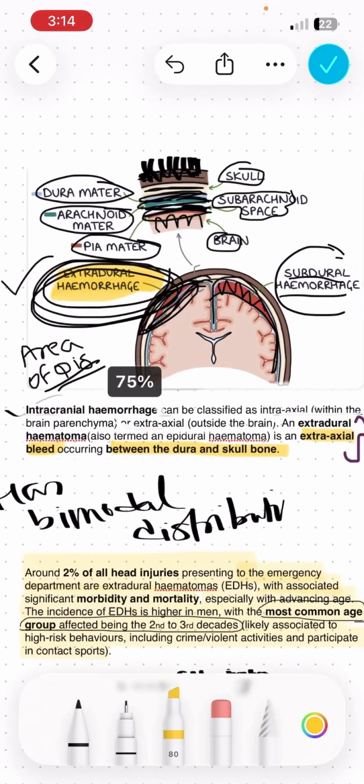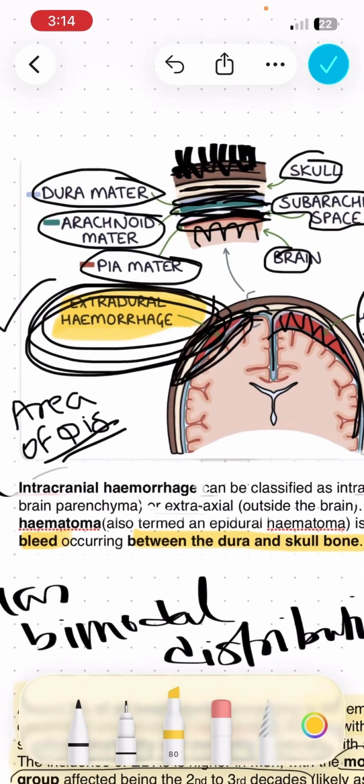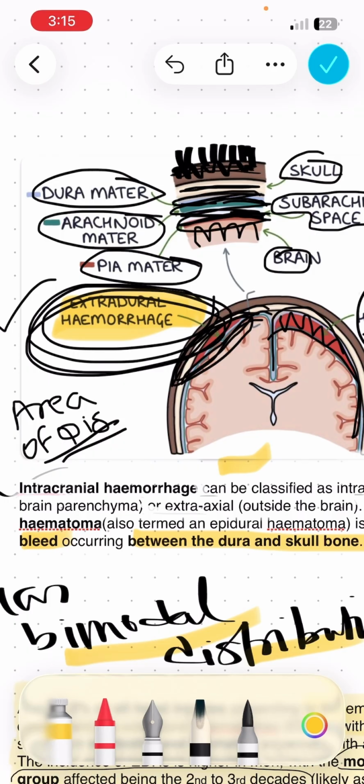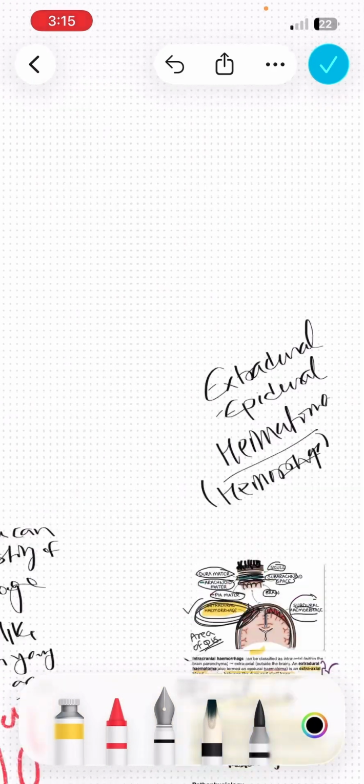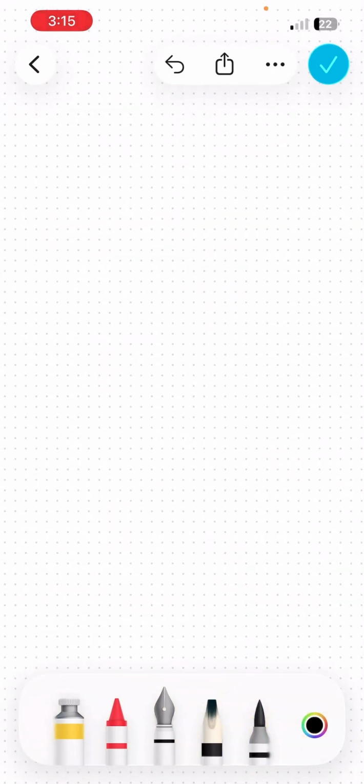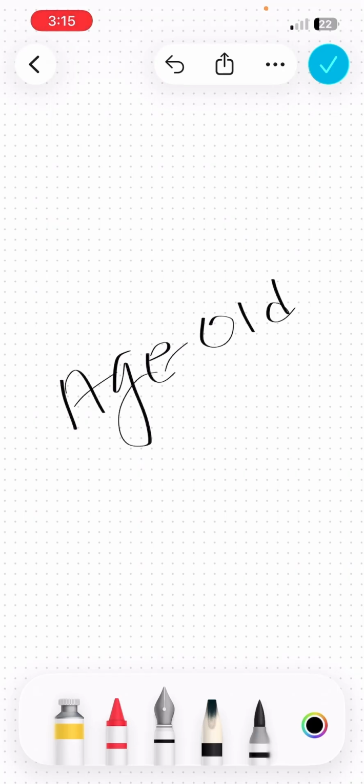Now this type of injury has a bimodal presentation. As I have mentioned here, bimodal distribution or presentation. What do I mean by bimodal presentation? Let me explain. Either it occurs in old age, referring to an accidental fall.